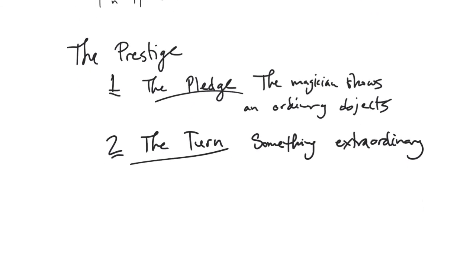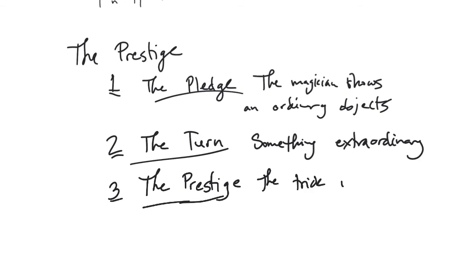And then step 3. Anyone remember the name of step 3? It's the prestige. That's what the movie is called. The prestige is when the magician, after having done something extraordinary with the ordinary object, again produces the ordinary object just as it was at the beginning. And the trick is finally complete.